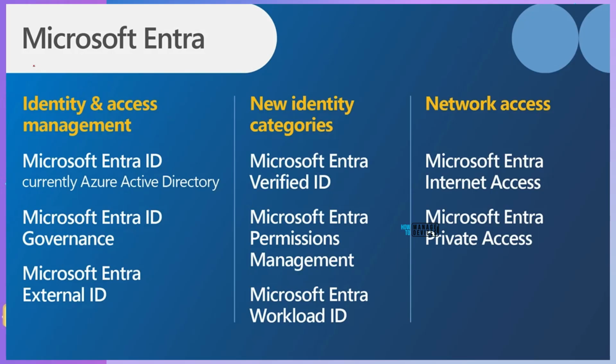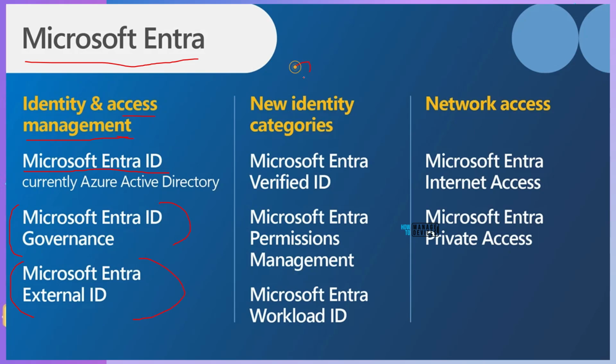Let's look more into Microsoft Entra as a product. What are the three main categories under the Microsoft Entra product? Identity and access management is the first one, and that is what Microsoft Entra ID provides. And there are Microsoft Entra ID Governance and Microsoft Entra External ID. All these three are part of identity and access management.